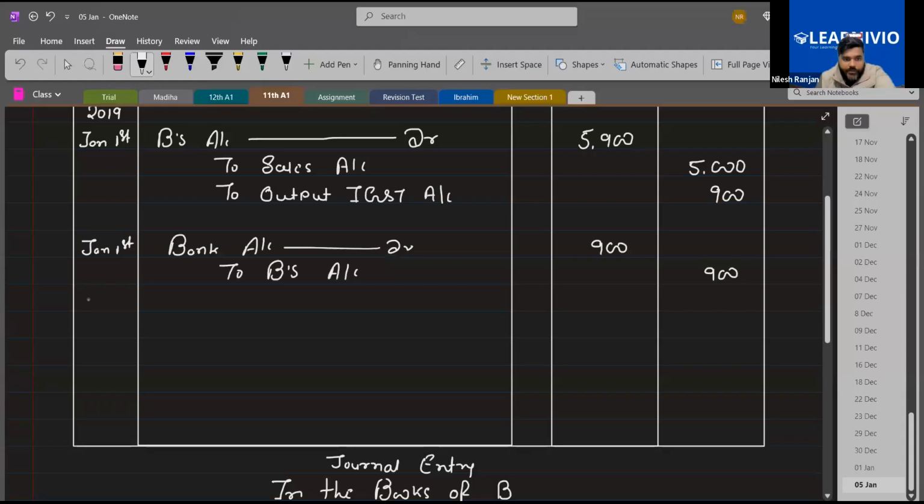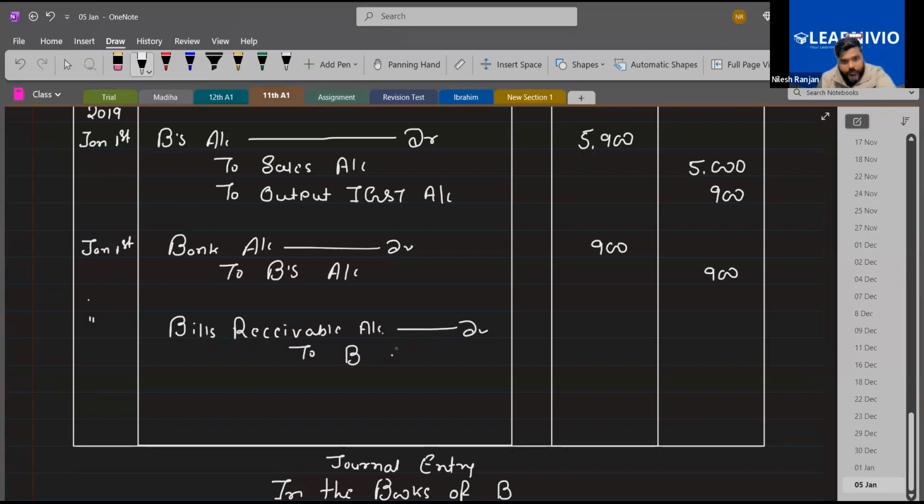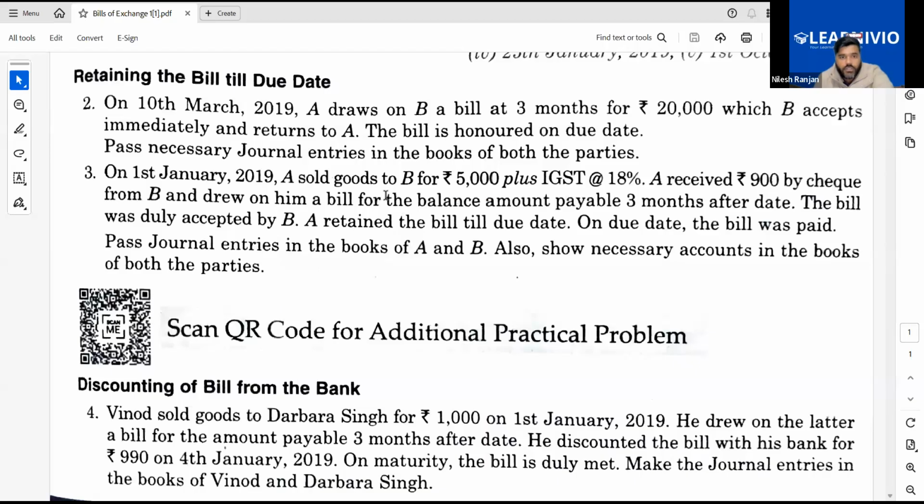So on the same date, bills receivable account debit to B account. The balance amount is 5,000, so 5,000. And then the bill for the balance amount payable 3 months after date. The bill was duly accepted by B.